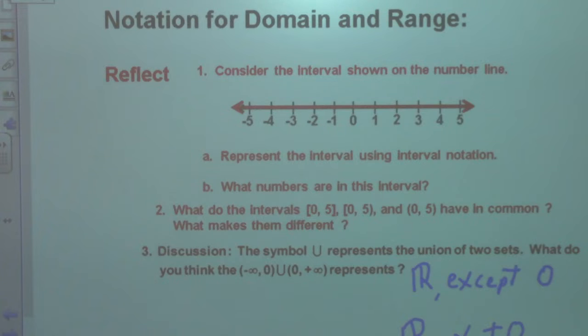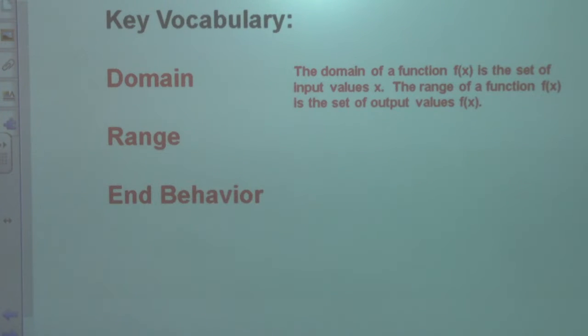Okay, so now this is where we finished with that yesterday, right? Yes. So now we have the domain of the function f of x is the set of input values x. The range of the function f of x is the set of output values f of x. So the set of input values is x, and the range is the output values f of x.